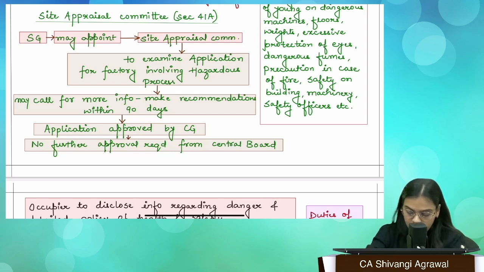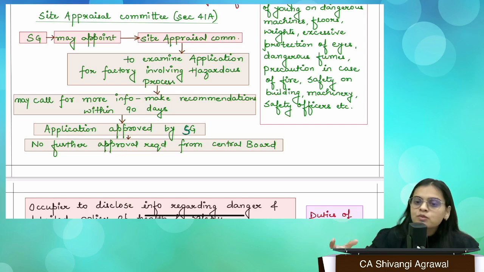And if the application is approved by the state government, that is more appropriate, then you don't need any further approval from any state board or central board, like we have under the Water Act, Prevention and Control of Pollution, right?